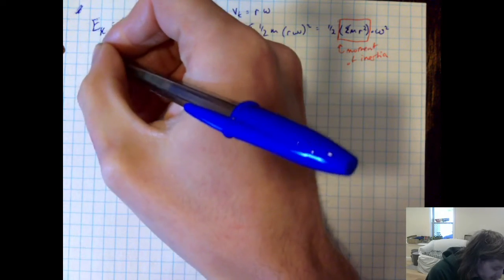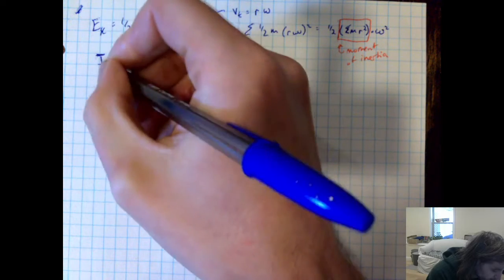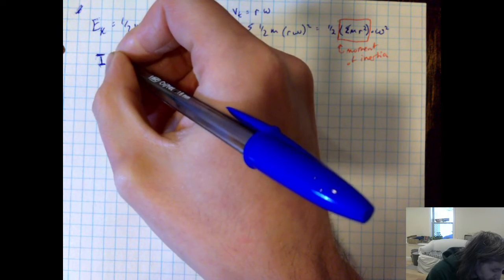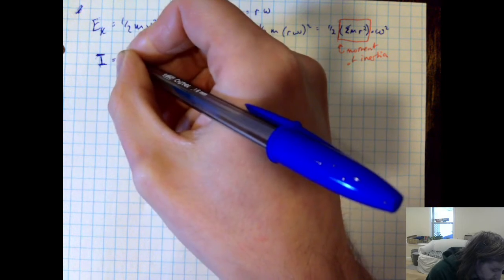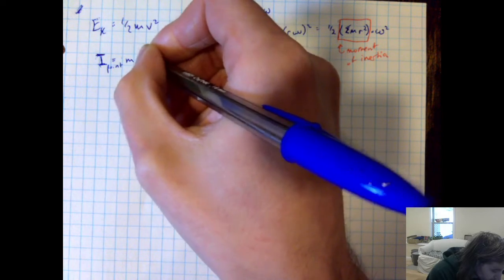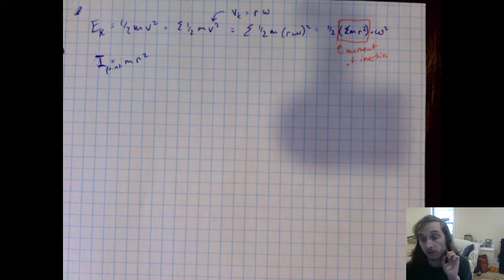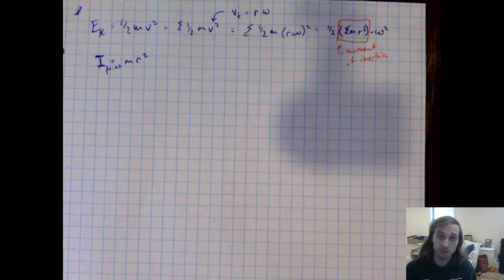So if you have a point mass, the moment of inertia, which has the letter capital I, for a point mass is equal to mr squared, where m is the mass of the point mass and r is the distance away from a center. If you take any number of discrete objects where you know what their moment of inertia is, you can add them together to get the total moment of inertia of a full object made of a composite of them. So you can just take a summation and that's great.